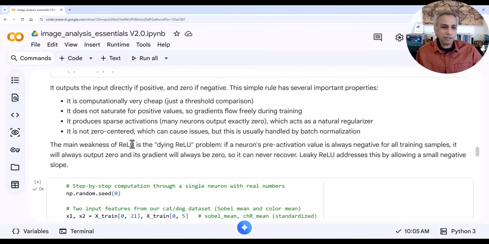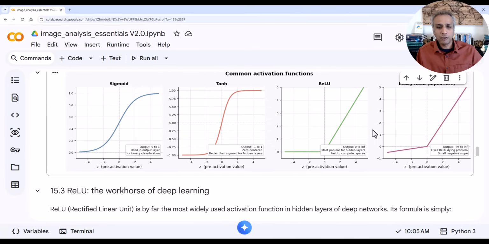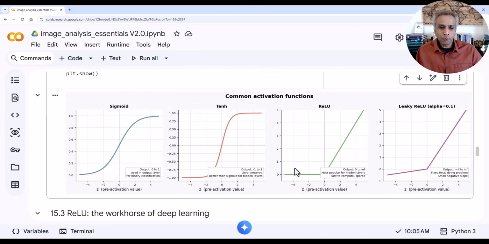The main weakness of ReLU is something called dying ReLU. If a neuron's pre-activation value is always negative for all the training samples, right? If you look at this, if the output coming from the neuron is less than 0, we are saying drop all the values to 0. If it's not, then take whatever the actual value is.